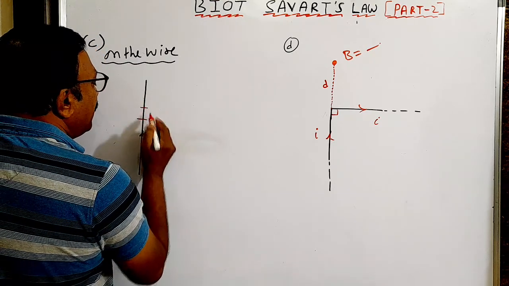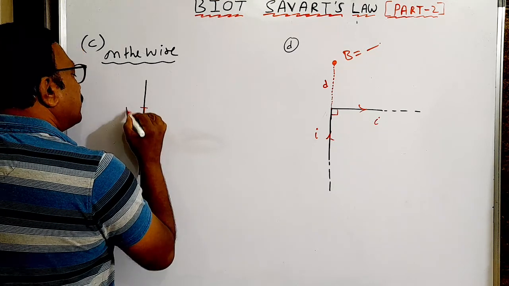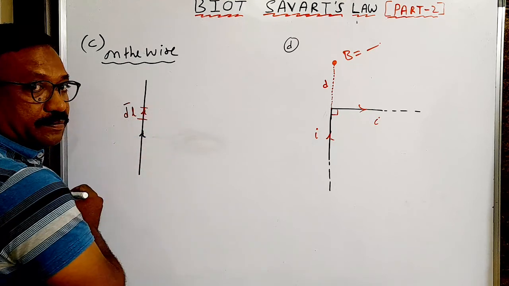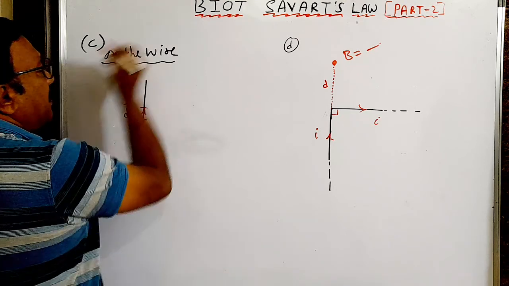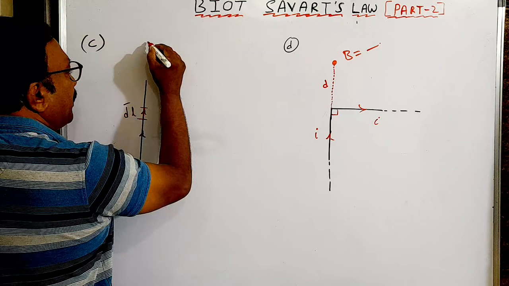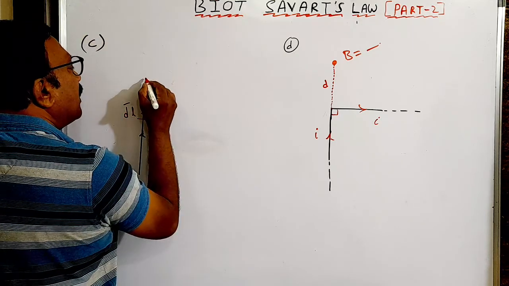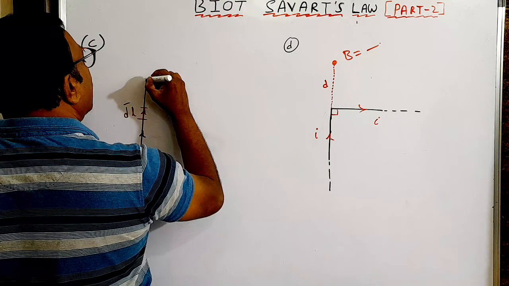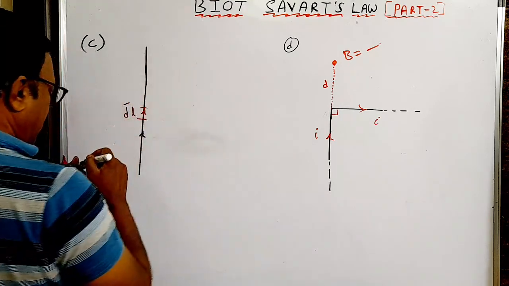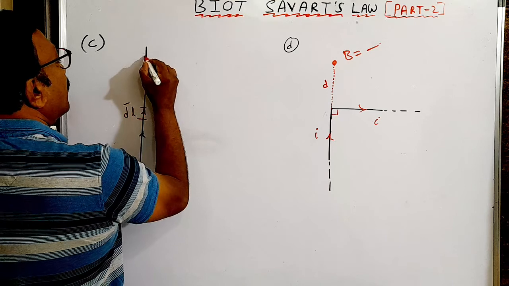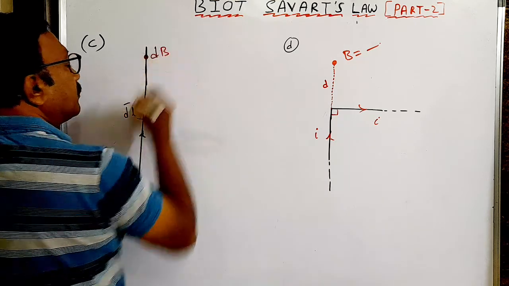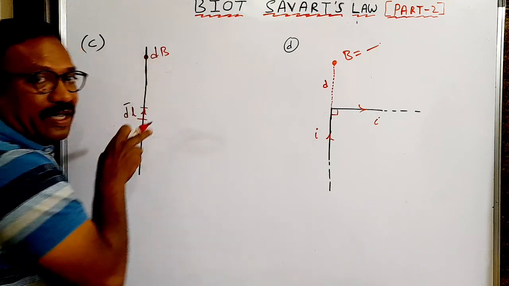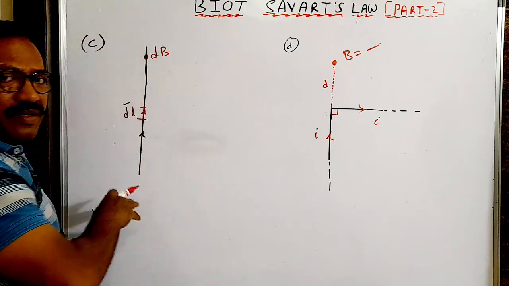I'll be taking a small element here, dl bar, having current I. Say for example, I want the magnetic field somewhere here. Okay, I want the magnetic field on the wire only, no? So I will take one point here like this. So here I want the magnetic field, dB, due to this element. But everything here is wire only.